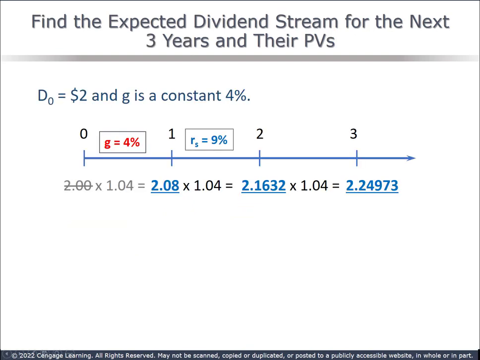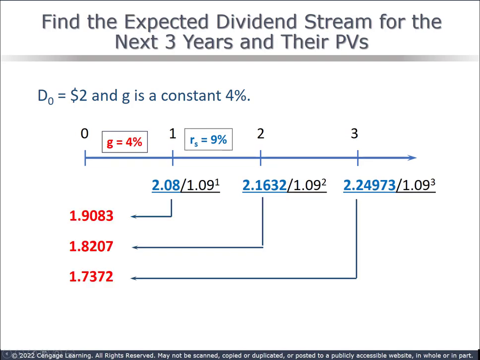Taking this step by step, first calculate each expected dividend. If D0 equals $2, then we have a constant growth rate of 4%. Then you can see our dividends calculated right there. Discounting each expected cash flow back to time zero. Note that the exponent of each denominator in your calculator is the period in which the cash flow occurs.